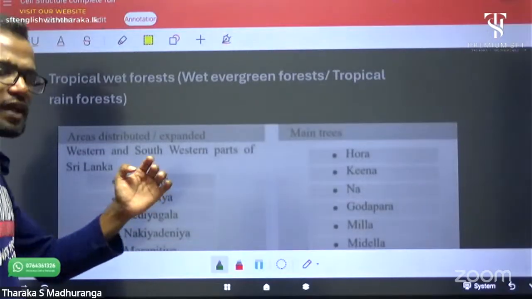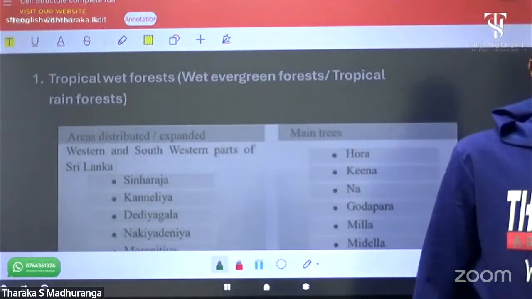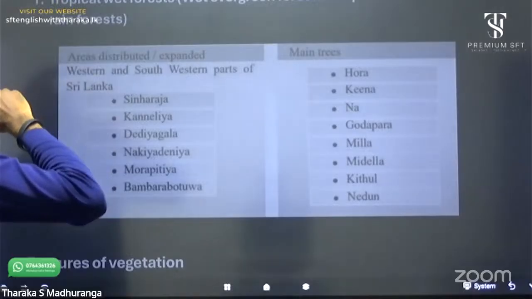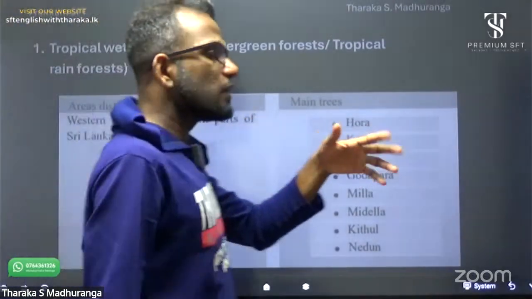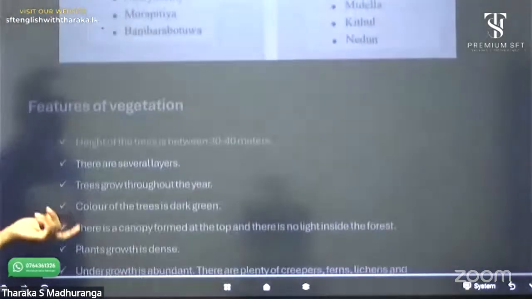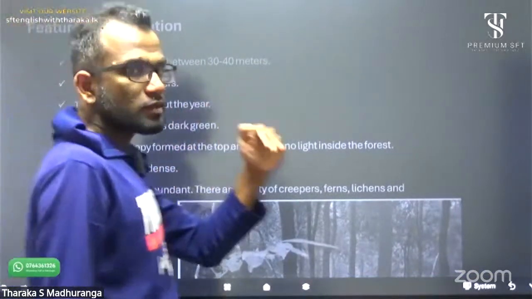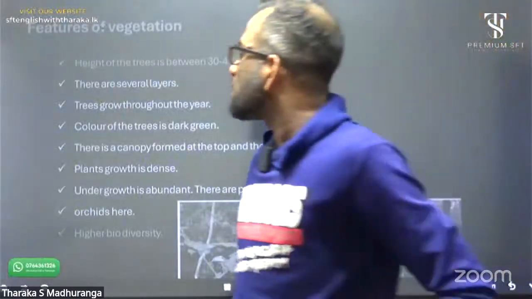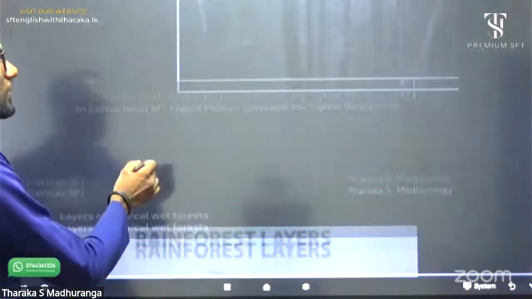Okay, let's see what are the characteristics, their plant types and the examples for them. That's enough, right? Very simple part. Let's see the tropical wet evergreen forest. Their main characteristics are tree heights between 30 to 40 meters, and there are several layers. We can see the layers clearly.